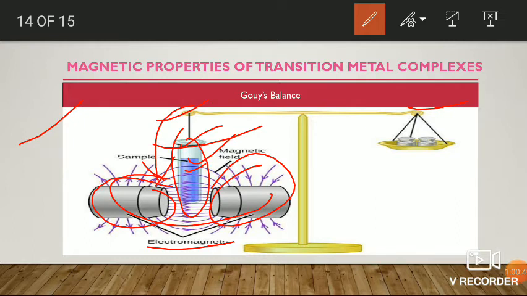So there is some mass difference in the sample in the presence and absence of the external magnetic field. From that value we can calculate the susceptibility as shown in the previous slide using the various formulas.